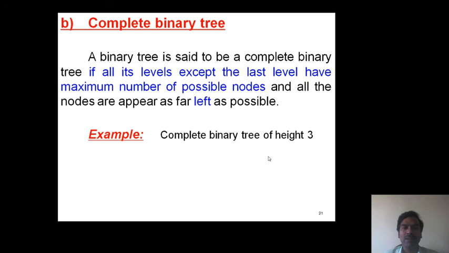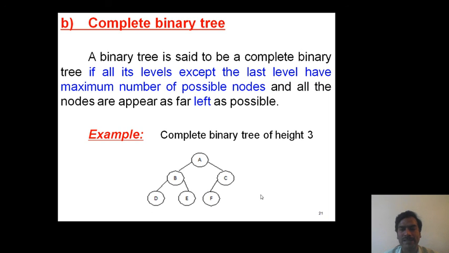Let us see an example, a complete binary tree of height 3. Level 1 is only one node. For this, 2 children nodes are possible in level 2. In level 3, 4 children nodes are possible, but here we have only 3 nodes, and these nodes are placed as far left as possible. So this one is a complete binary tree of height 3.